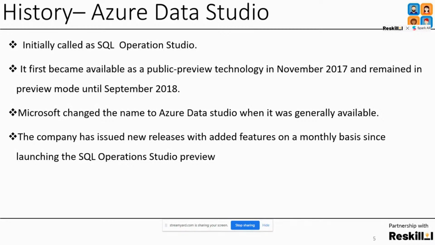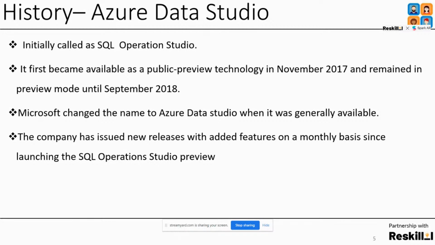Next we will move to the history, how and when Azure Data Studio came into existence in the modern world. First it was known as SQL Operations Studio, mostly designed for querying databases.